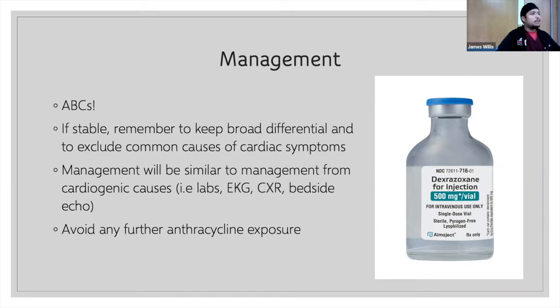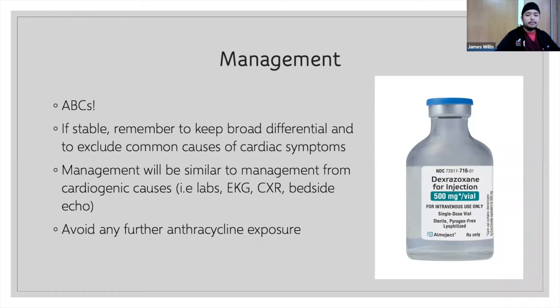Management in this case will for the most part be similar to management of all the other cardiogenic causes, right? Labs, EKG, chest x-ray, and you can do a bedside echo. If they are in severe cardiogenic shock, they'll probably have to be on vasopressor and inotropic support and require ICU admission. And if you are concerned about doxorubicin toxicity, then you definitely want to avoid any further anthracycline exposure.